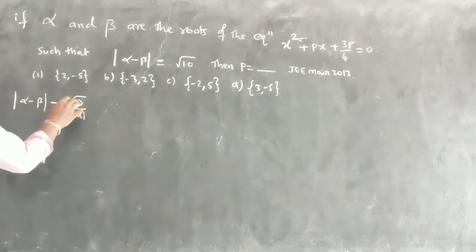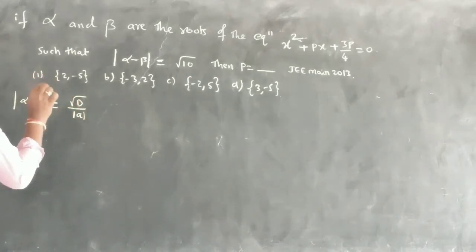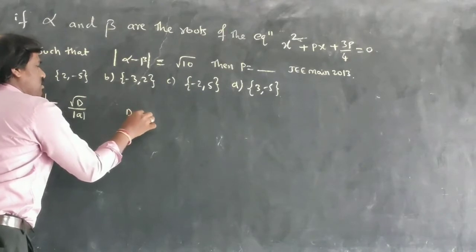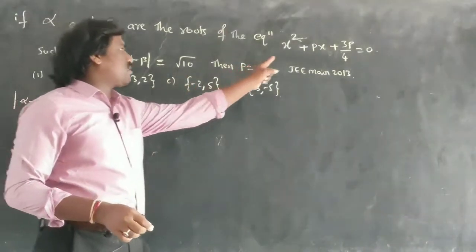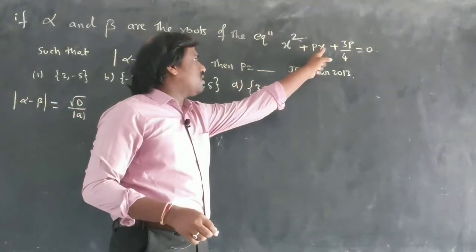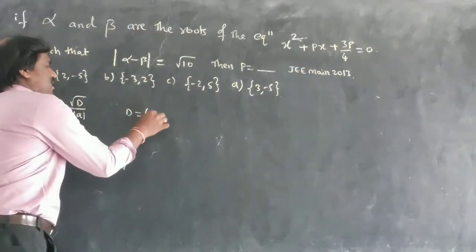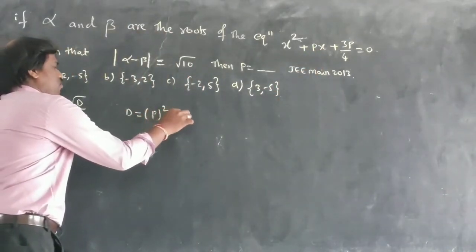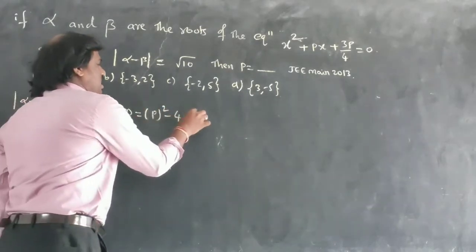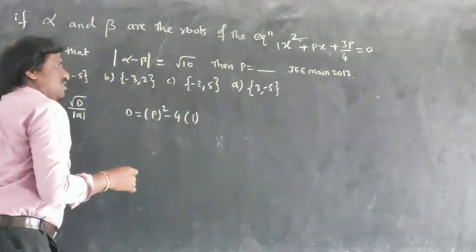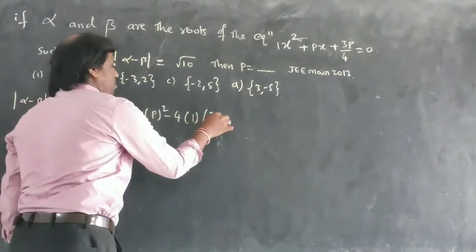Now here, root d means what? Discriminant. So the d value, if we compare, is b square minus 4ac. The coefficient of x is p, so b square is p square, minus 4 times a, which is 1 because the coefficient of x square is 1, and c is 3p by 4.